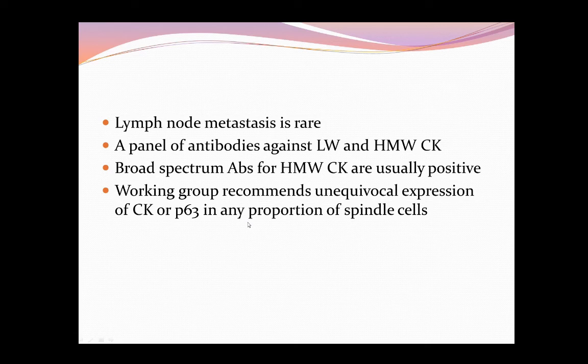EMA can be variably, focally positive, and the cytokeratin panel is usually a broad spectrum cytokeratin like anti-MNF116, high molecular weight cytokeratin, that is 34 beta E12, CAM 5.2, cytokeratin 7 and 14, and basal cytokeratins CK5 and 6. These cells also express p63, vimentin, SMA, and MSA.